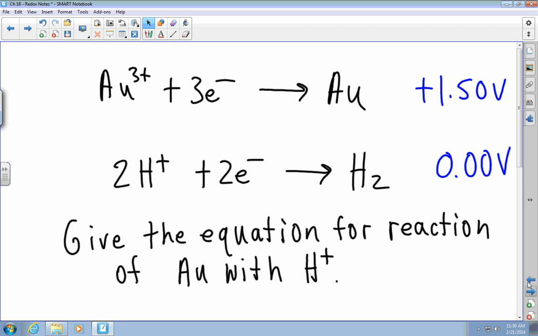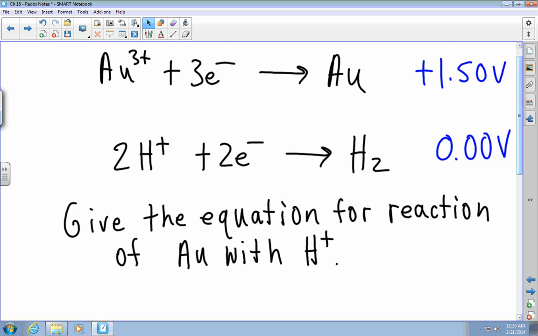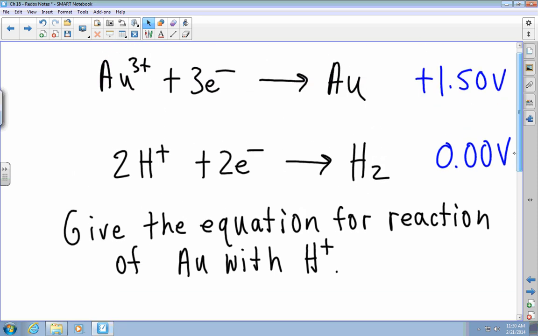And so again, we have 2 half reactions, and we want to combine them to give an overall reaction. The overall reaction we want is gold with hydrogen ion. So what do you think we're going to need to do to get that? We've got to reverse the first one because we're starting with gold. We're reacting gold with hydrogen ion, so we need gold as a reactant, so we've got to reverse that first reaction.